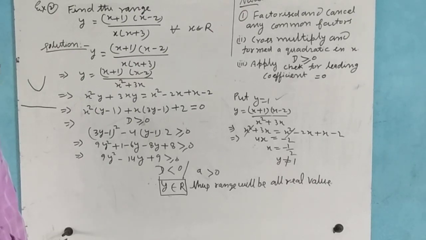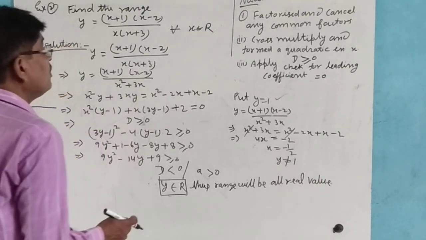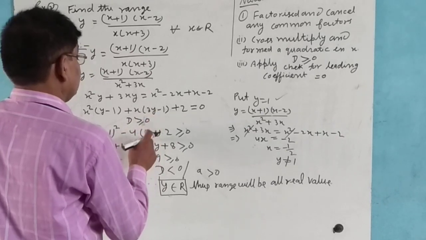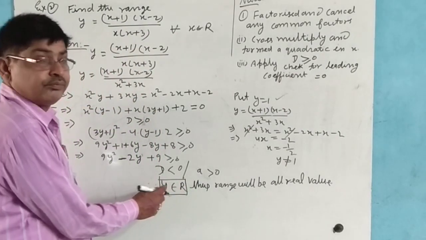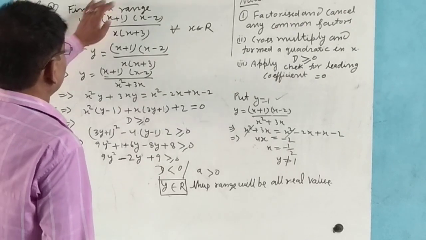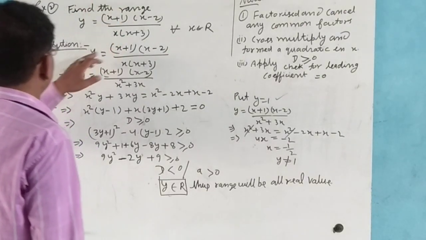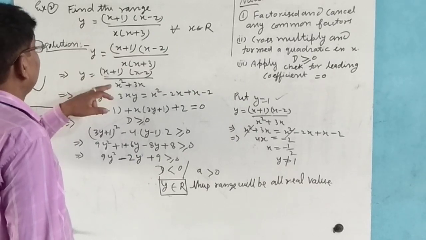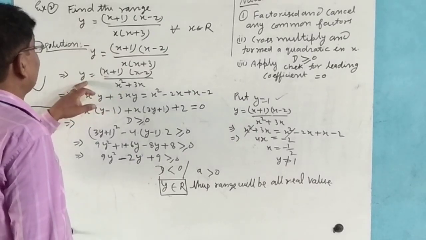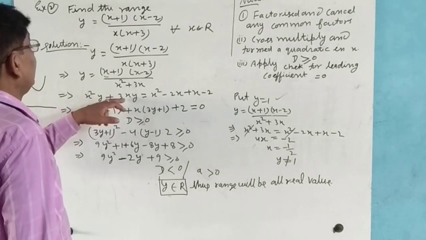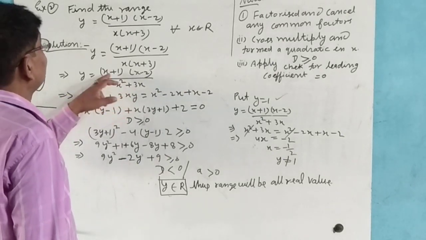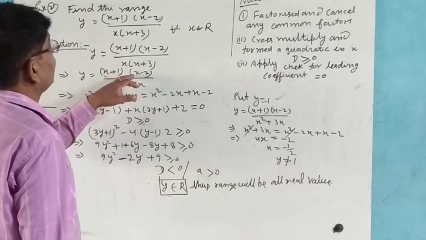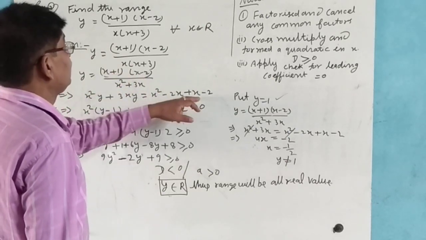Now find the range of this. y x square plus 3xy equal to x square minus 2x plus x minus 2.